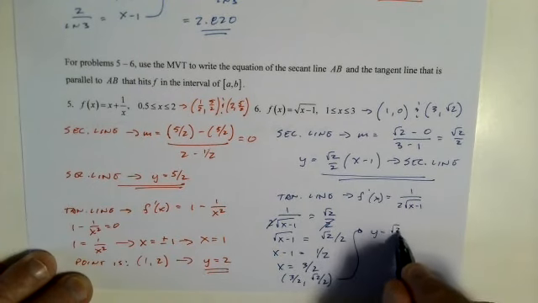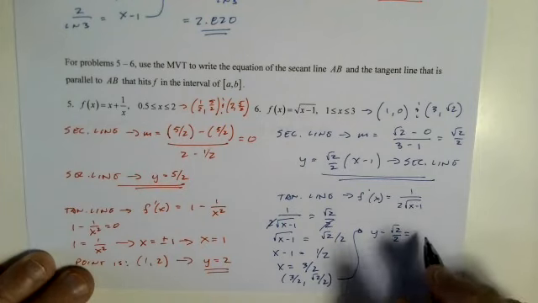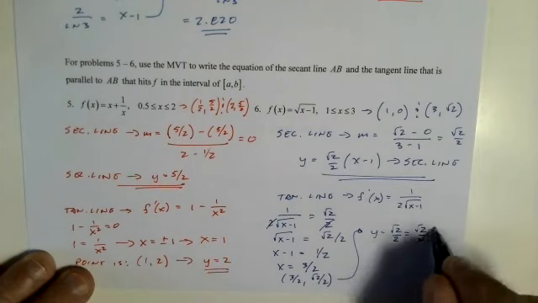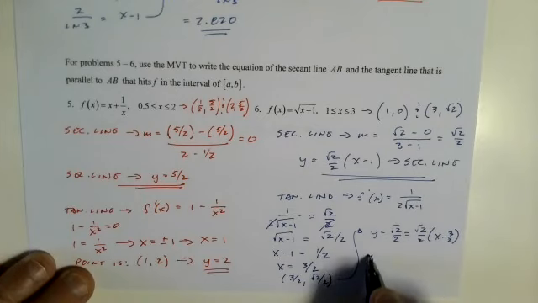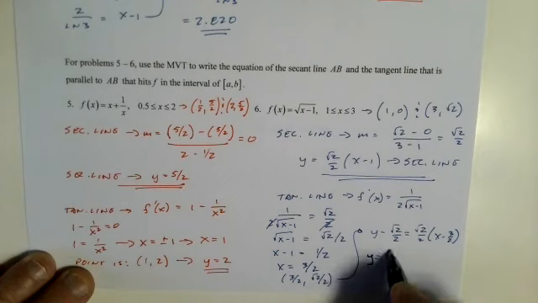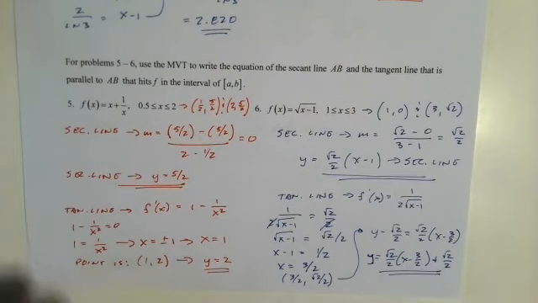Y minus √2 over 2 equals, same slope, √2 over 2, x minus 3/2. Y equals √2/2, x minus 3/2 plus √2/2. Wow, that's a lot of work.